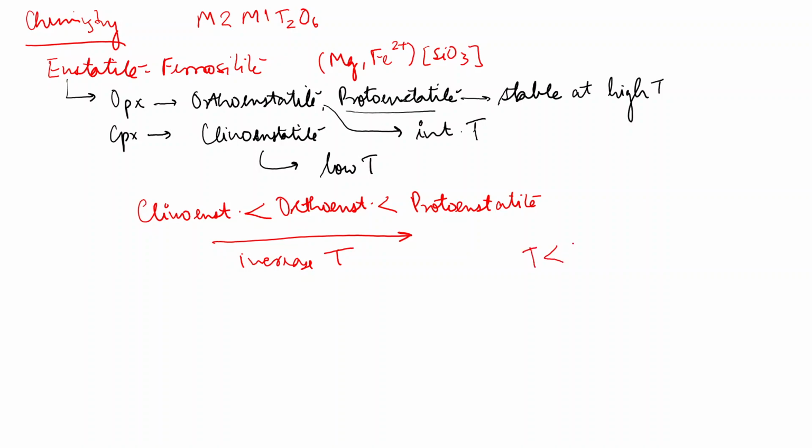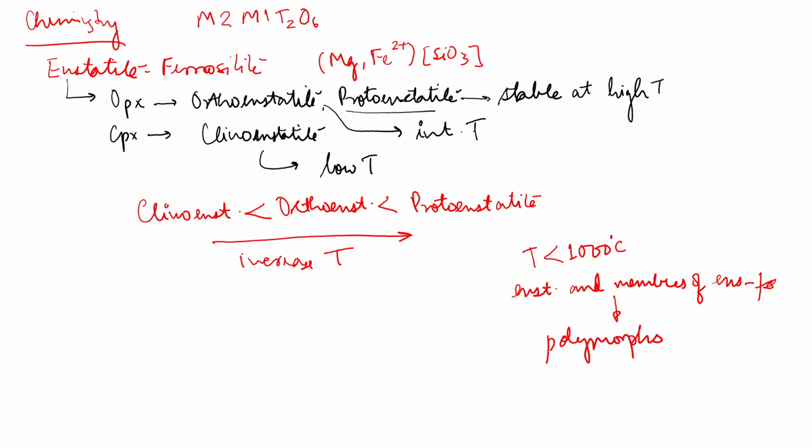At temperatures less than 1000 degrees Celsius, enstatite and members of enstatite-ferrosilite. I'll write short forms, EN for enstatite, FS for ferrosilite. Enstatite-ferrosilite occur as polymorphs in both igneous as well as metamorphic rocks.